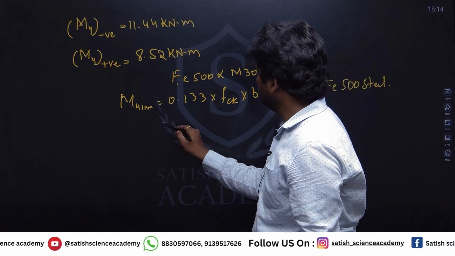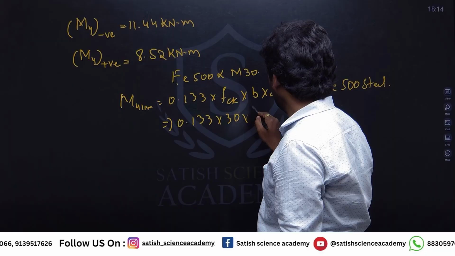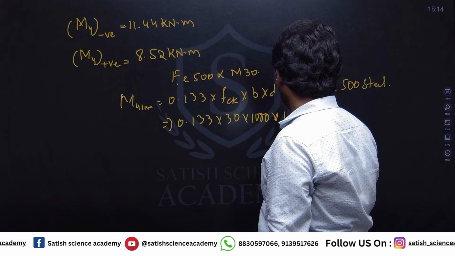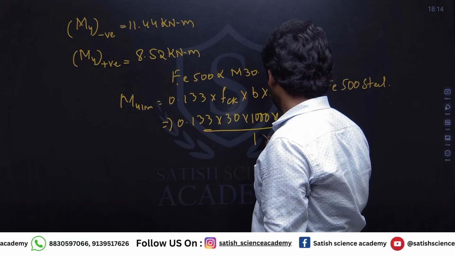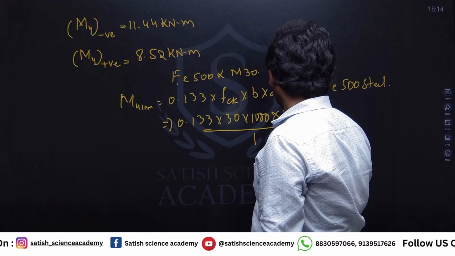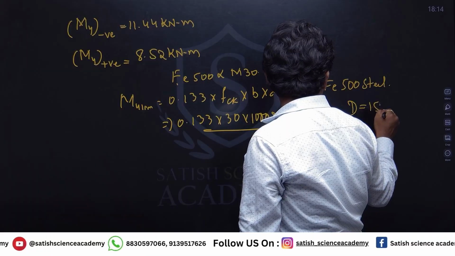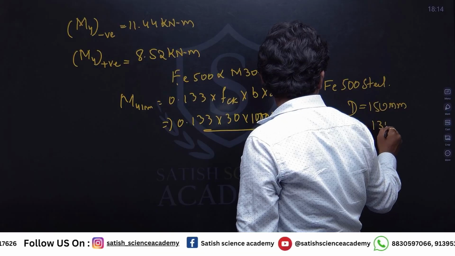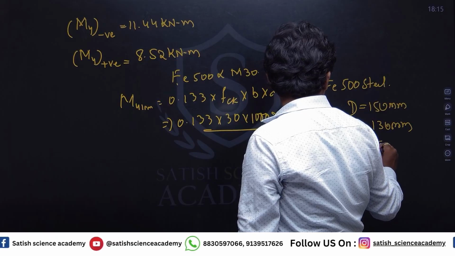So Mu limit is 0.133 into 30 into b value 1000 into d square. This one will be 130 square, because capital D equals 150 mm, cover is 20 mm, so small d equals 130 mm.